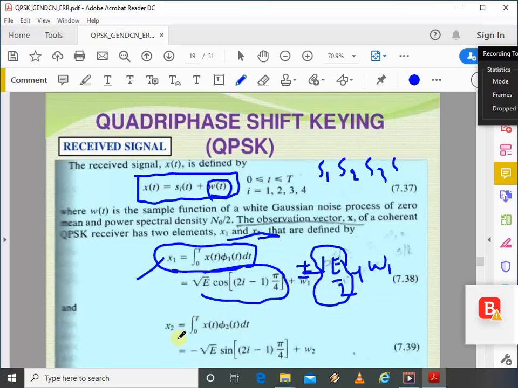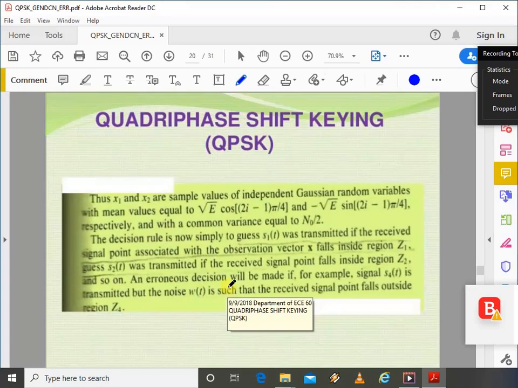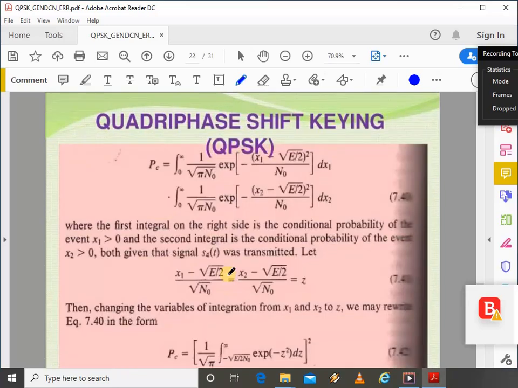Okay. Similarly, the second element of the observation vector x is x2 equal to integral from 0 to T of x(t) into phi 2(t) dt. Here also the result will be plus or minus square root of E by 2 plus w2. As we know, usually, how to calculate the probability of error for the signal, we know that it is the standard equation.